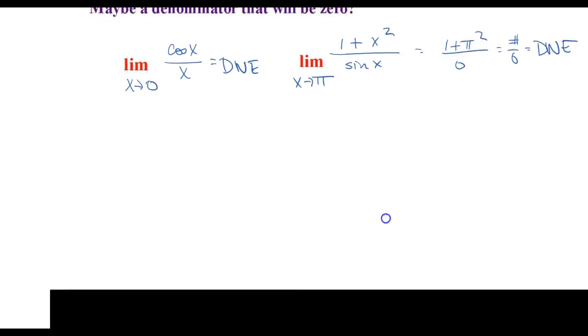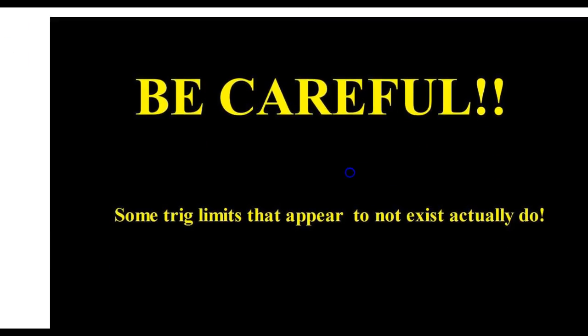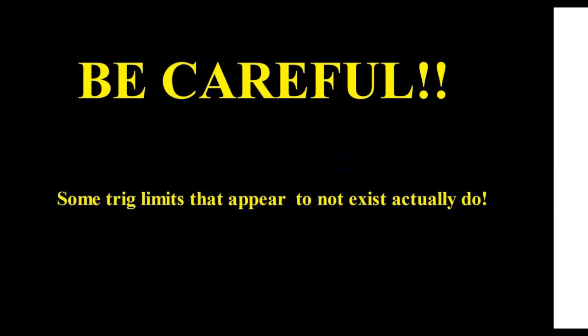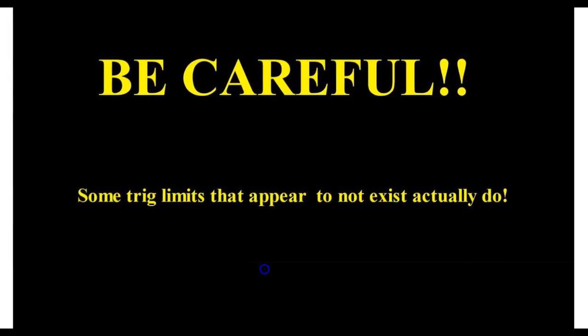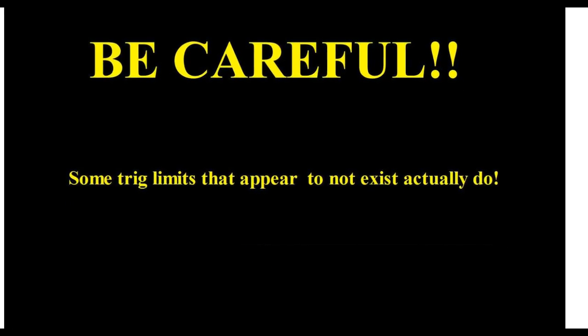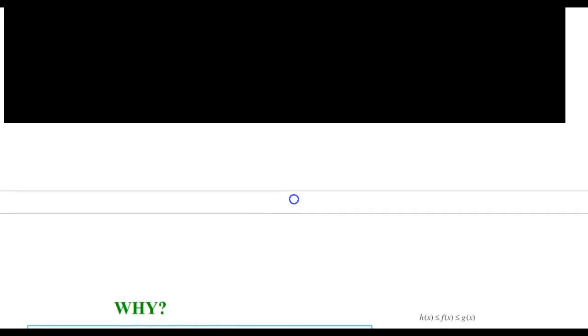But along that same note, be careful, guys, because you might think that it's a does not exist, but it really will have an answer. It really will exist. And that goes along with what I was just saying, that whole 0 over 0 situation. You have to be super careful.